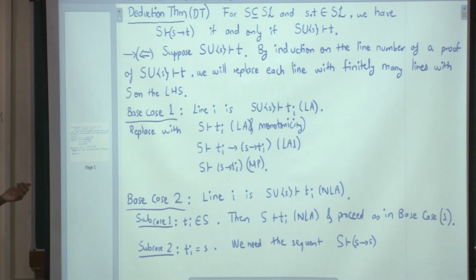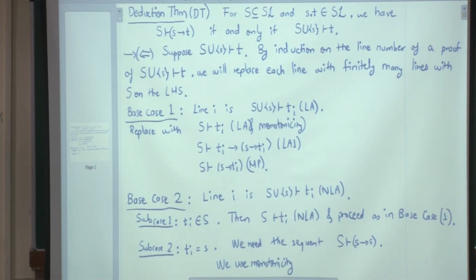If you remember something from last lecture, if I hide this part, then it is a tautology. I mean, s implies s is a tautology. So we have a proof of s implies s for every s. What is that called? We called it lemma 1. Right? So we use monotonicity.